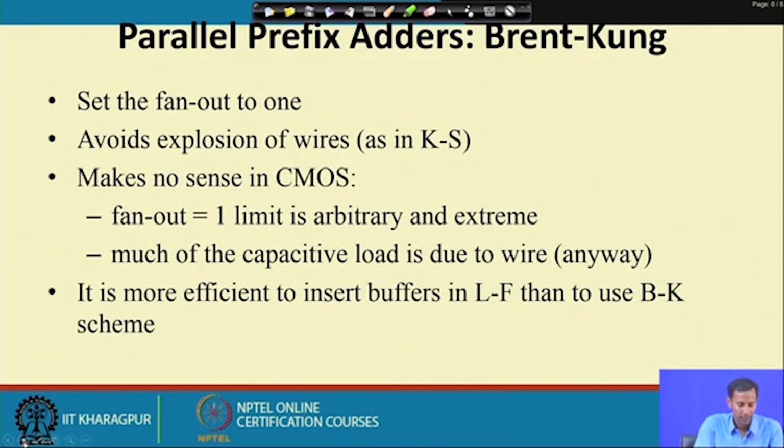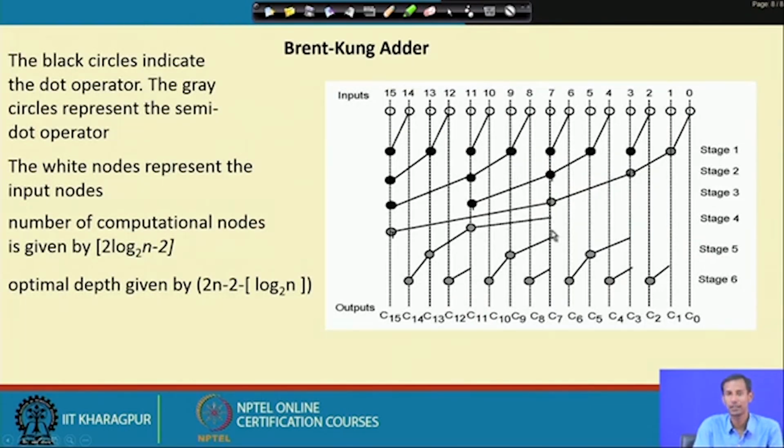Then if we follow the circuit, here you see the architecture for this Brent-Kung adder. Here the number of nodes is decreasing, but the number of stages is increasing.